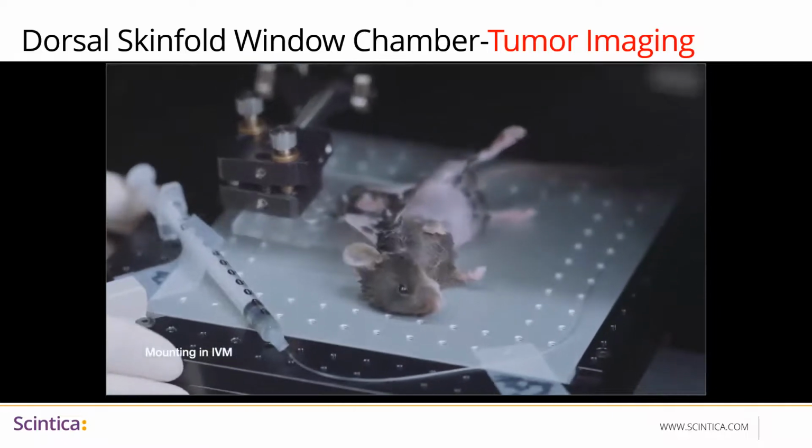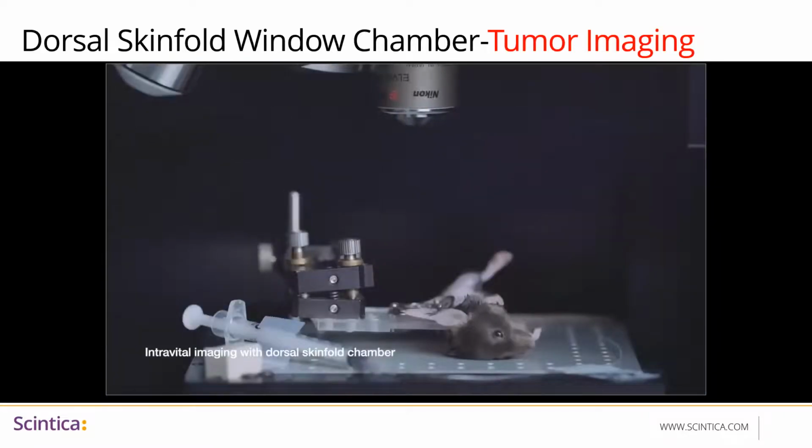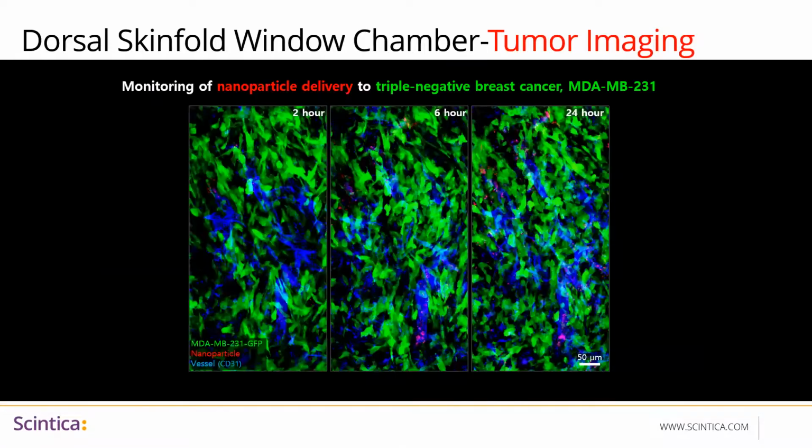So now you place it under the microscope on a microscope stage, and you go through your common imaging procedure. So you know that this is safe to put this animal back to the cage and bring it back for your next imaging time point.